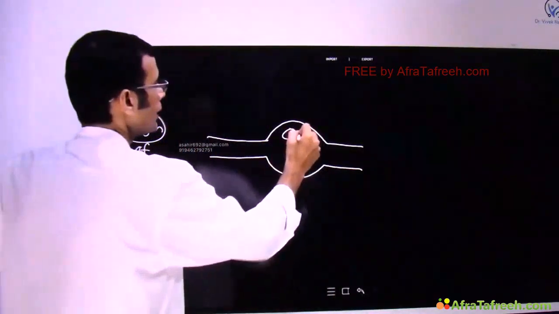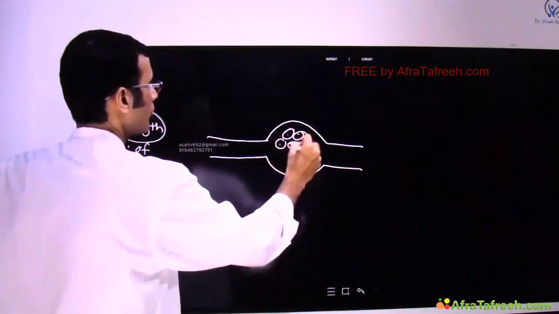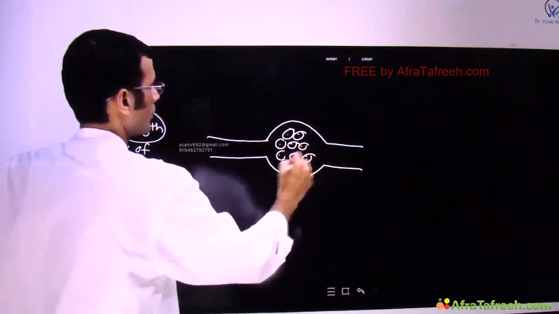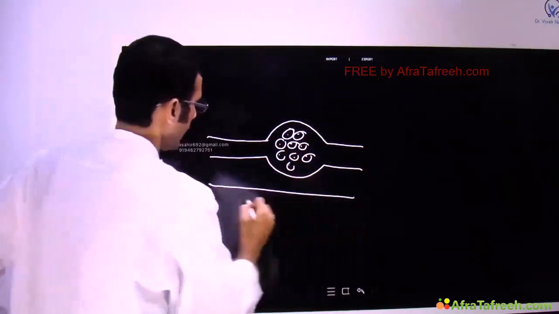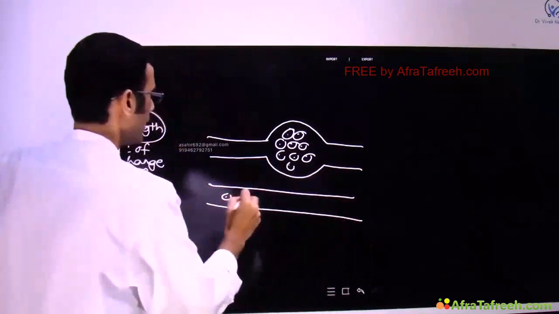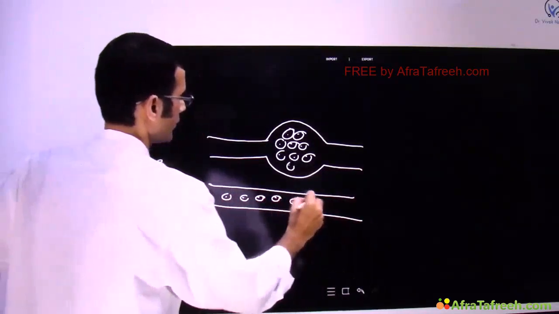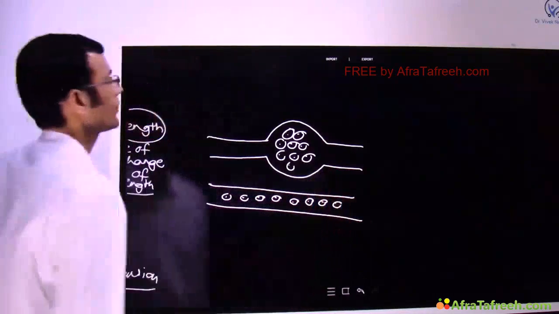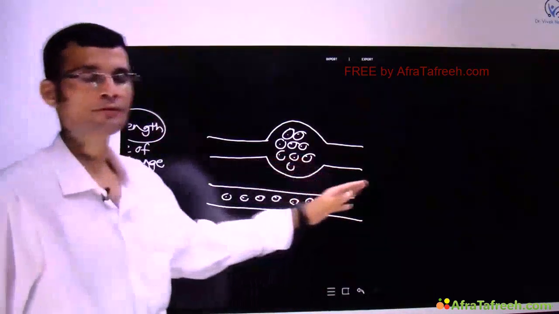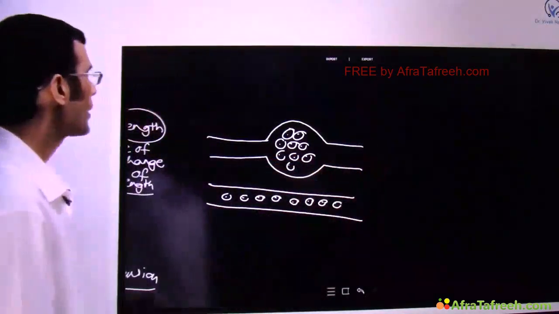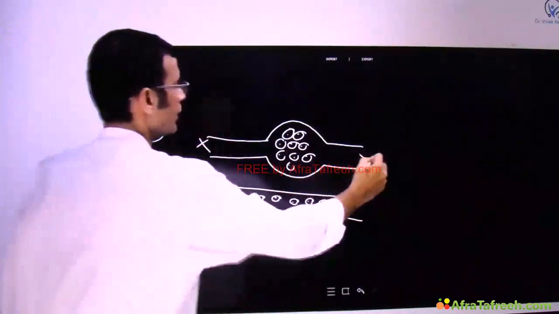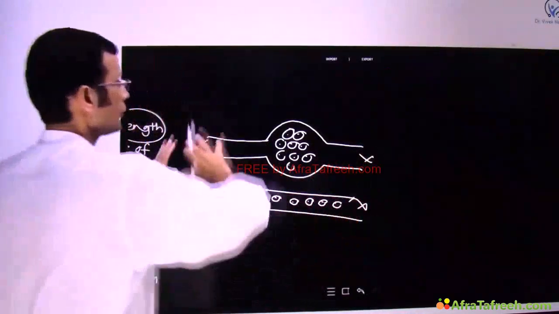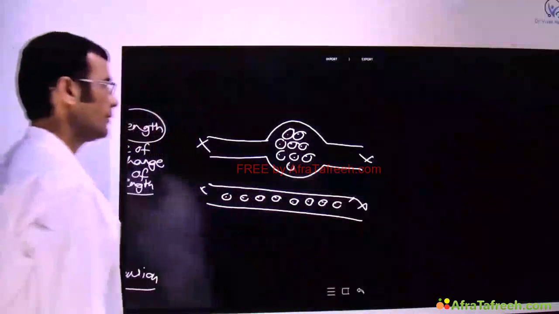This is a nuclear bag intrafusal fiber, and then there is a nuclear chain intrafusal fiber. These are the two types of intrafusal fibers, and they are attached by a surrounding glycocalyx to the extrafusal fibers on the outside.